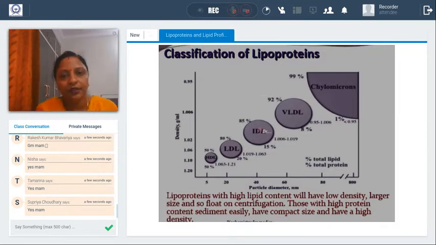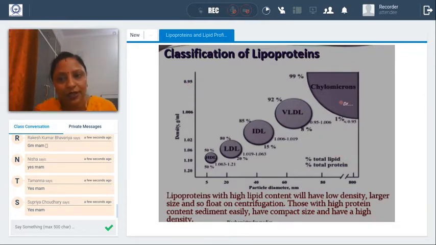You can see in this slide very clearly, density 0.95, chylomicron. First, density is lowest. You can see here lipoproteins with high lipid content. So chylomicrons contain high lipid with low density, that is 0.95, and larger size.